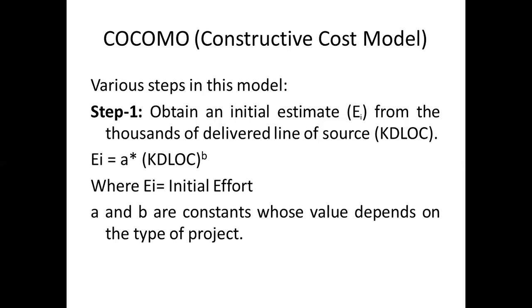Just remember A and B, similarly C and D, the values of these four constants. Because first we are going to calculate the value of EI, the initial estimate or initial effort, we can replace the values of A and B from the table, as per the nature or type of the project.